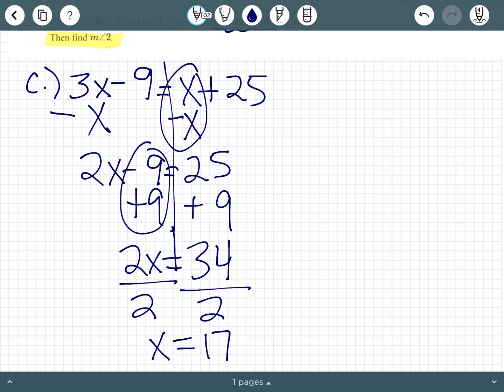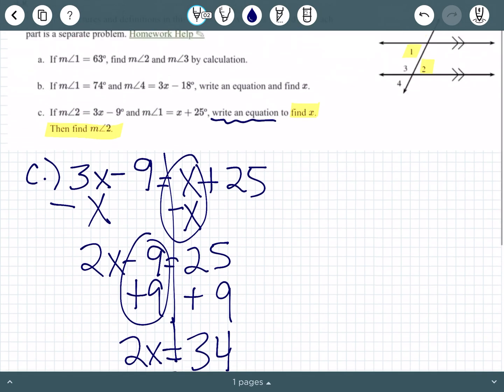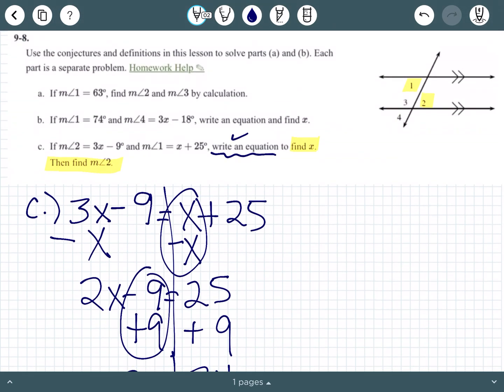Now we're talking in terms of angle measurement, so I'm going to say 17 degrees. So we found what x equals. Well, we wrote our equation, we found x. Now we need to find the measurement of angle 2. So they told us that the measurement of angle 2 was 3x minus 9. And we determined that x is 17 degrees.